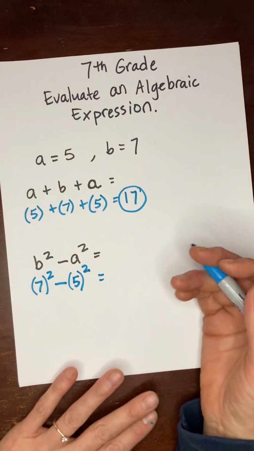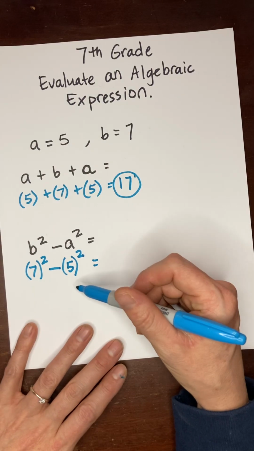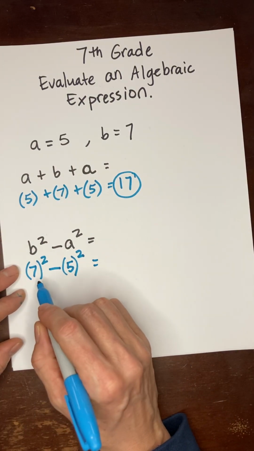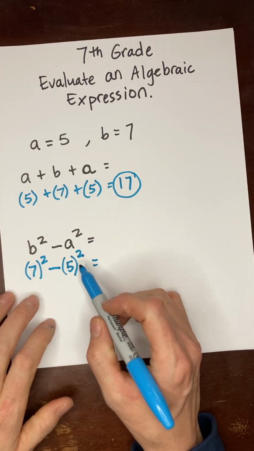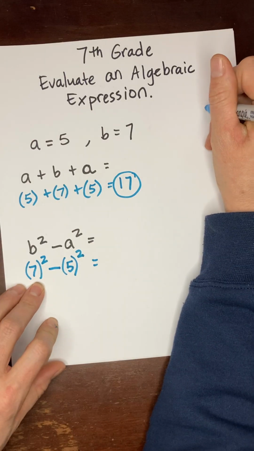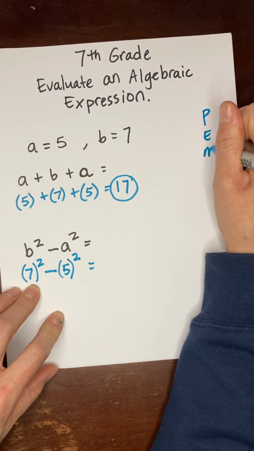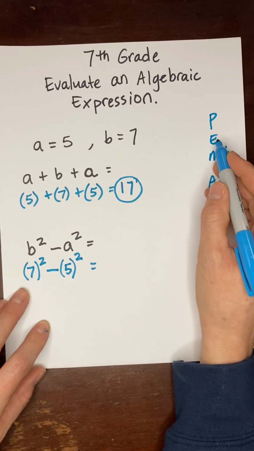Okay, and now I'm going to use my order of operations, which tells me I do parentheses first, but what it means is evaluate inside a parenthesis. All mine just have a number, so there's nothing else to do. Next is exponents. So I'm going to write my PEMDAS up here. M/D, A/S. So exponents is second.